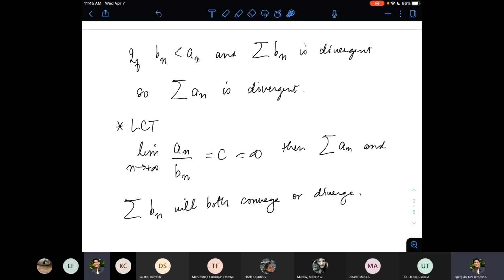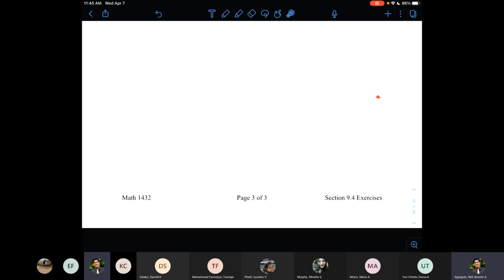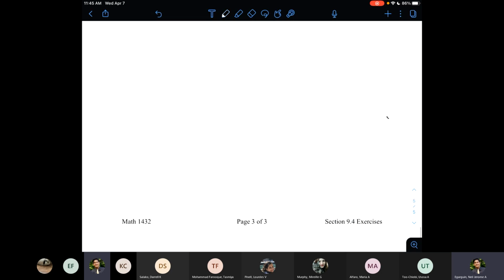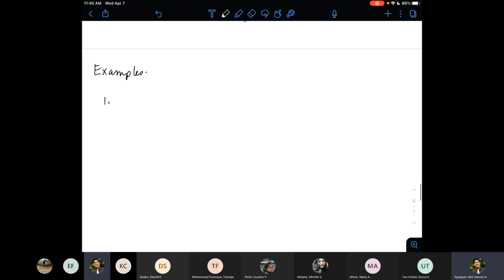Perhaps this would be better than just talking about abstract terms. So let's try here. Let me try this one. Okay. 1 over n ln n.